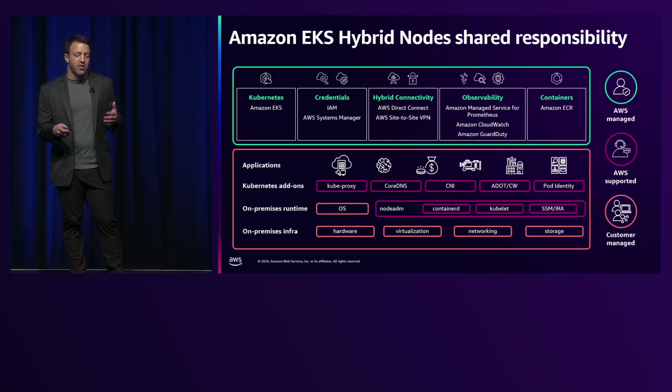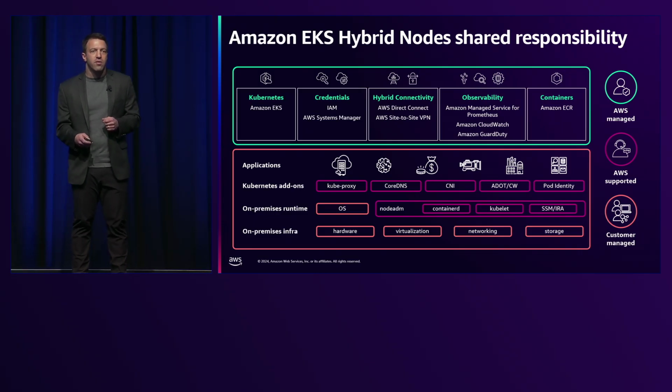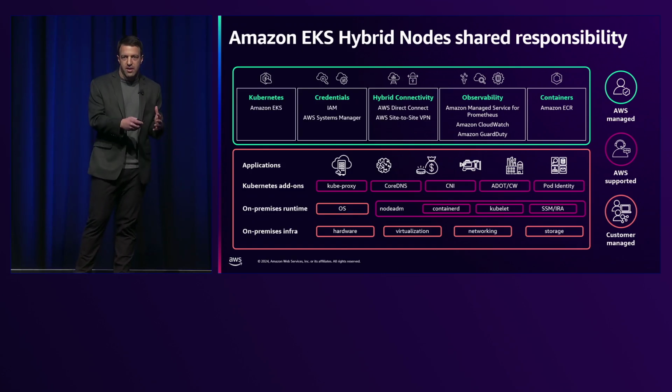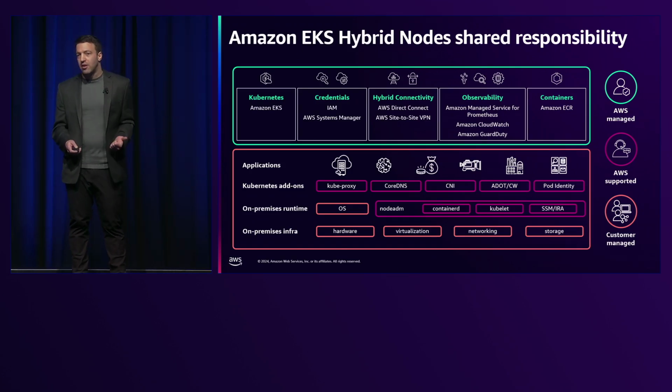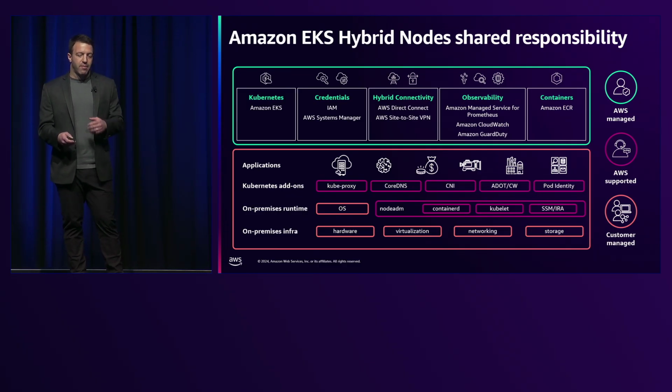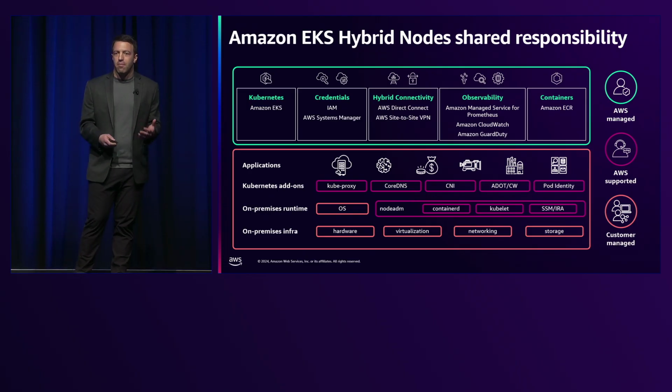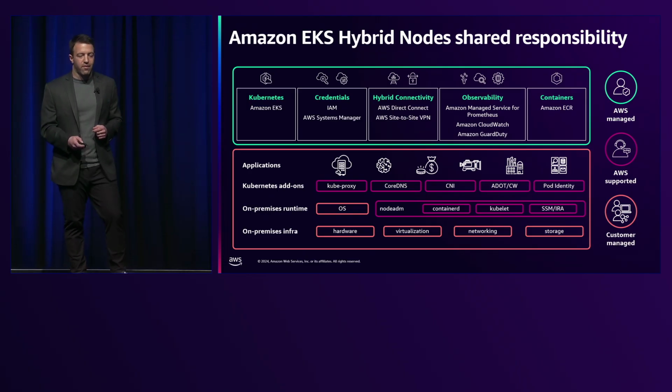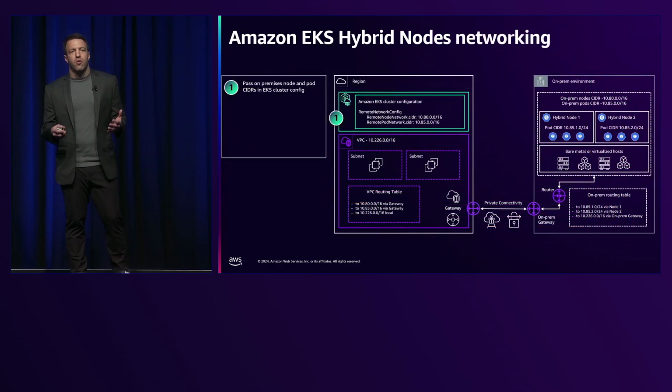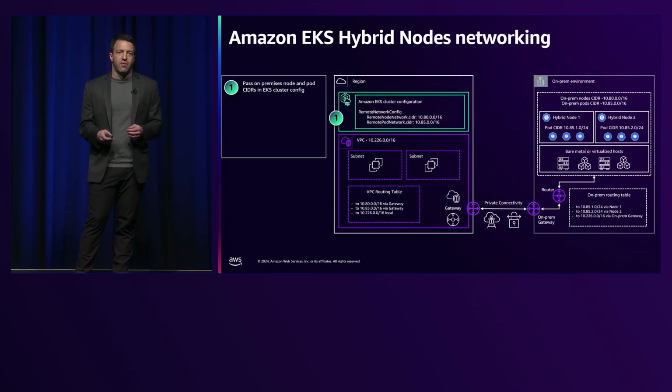AWS supports select operating systems with hybrid nodes and supports the integration of those operating systems, but you'll retain responsibility for managing the operating system, patching it, and maintaining it. EKS Hybrid Nodes is compatible with Ubuntu and RHEL for bare metal and virtualized environments, and with Amazon Linux 2023 for virtualized environments alone.